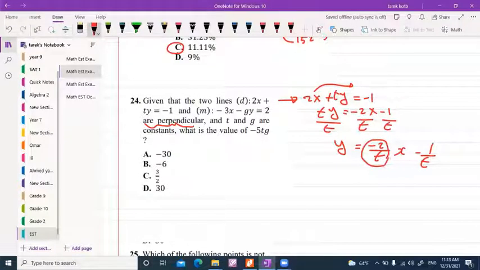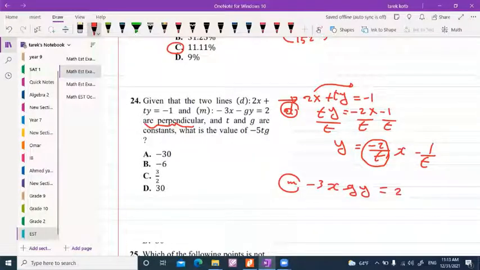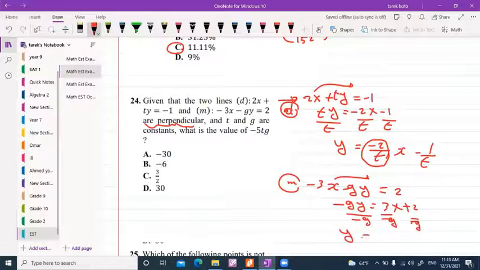This is line D. For the other line, which is M, negative 3x minus gy equals 2. Take this to the other side, it will be negative gy equals 3x plus 2. Divide by negative g. So y equals negative 3 over g x minus 2 over g. The slope is negative 3 over g.